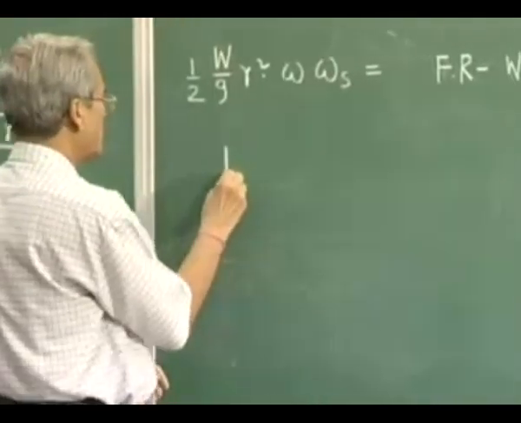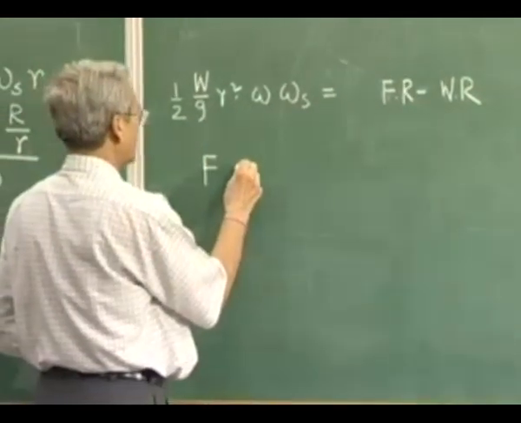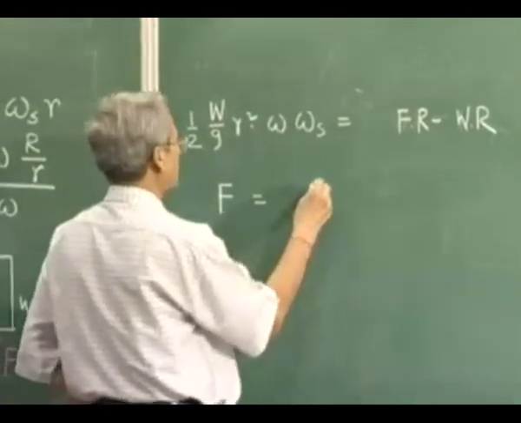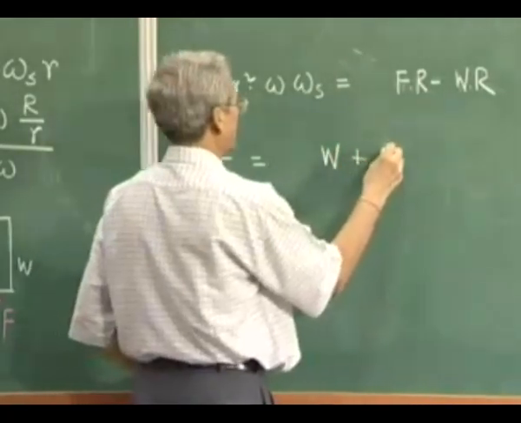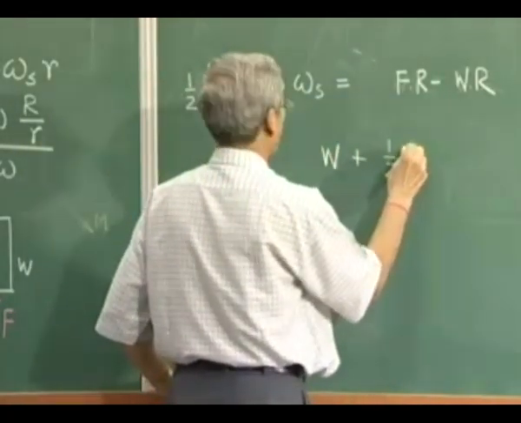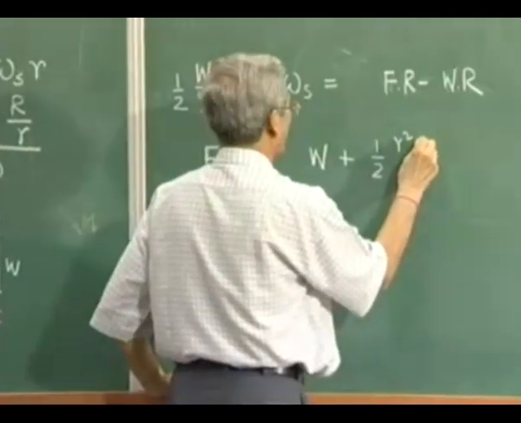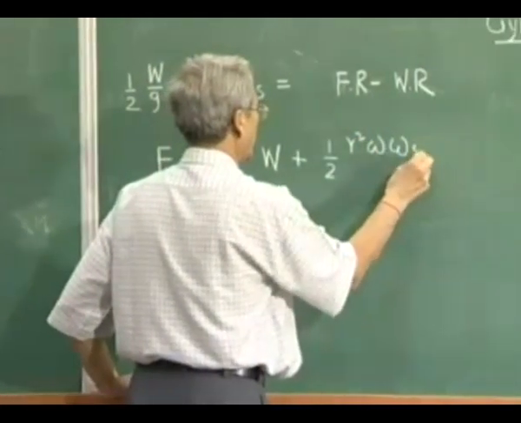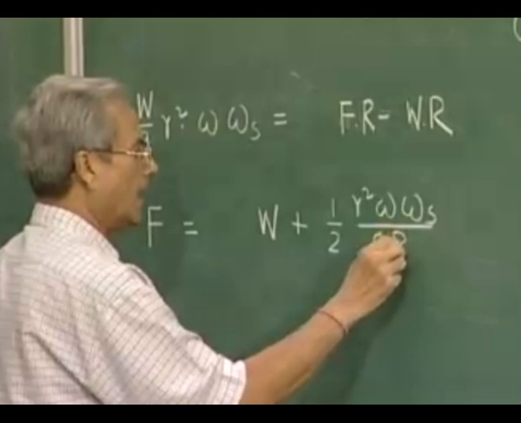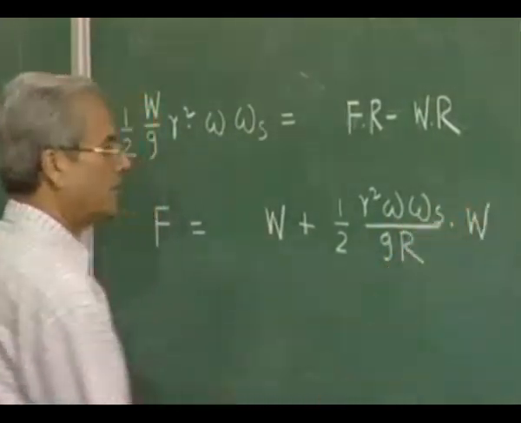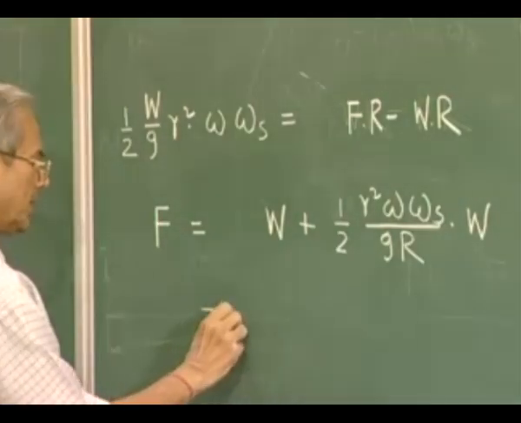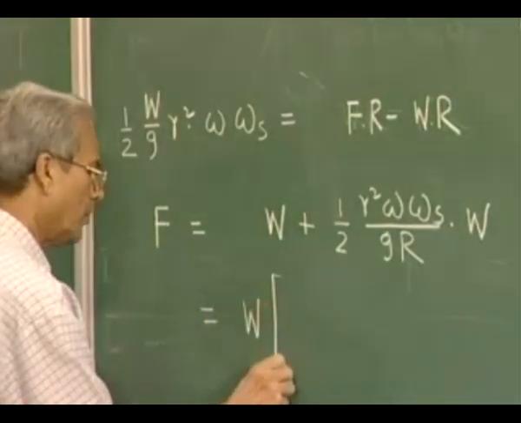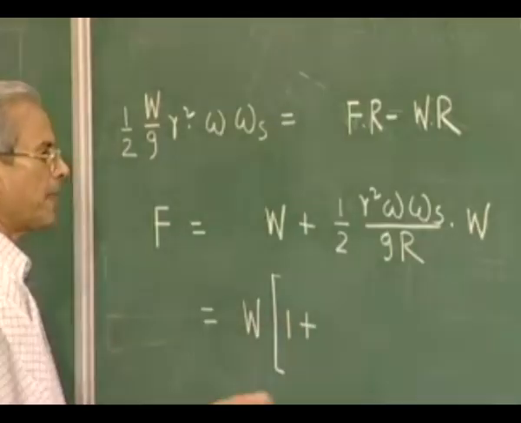So the crushing force which you will get from this relation is equal to W plus half r square omega s by g, times r into W. I divide both sides by r and take W to this side, or this can be written as W into 1 plus.